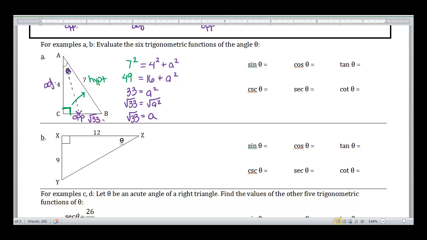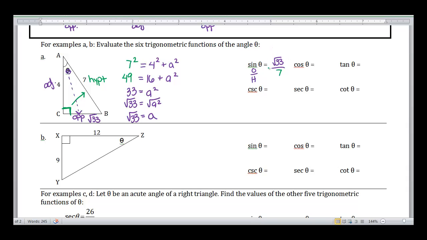Now that we know all three side lengths of the triangle, we just have to use our SOHCAHTOA to figure out the 6 trig functions. So sine, that again would be the opposite over the hypotenuse. My opposite side length we just solved to be root 33, and the hypotenuse we were given to be 7.